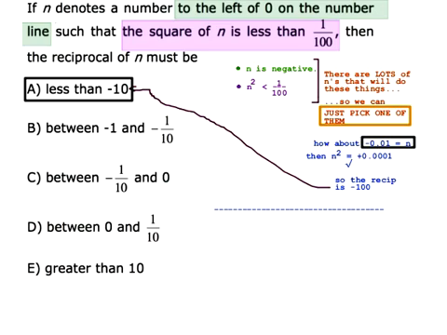So that means that n is, first you have the sign problem. That's the first issue there. You have n squared is less than that squared, so that means that n itself is going to be less than 1/10, but also on the other side of that.